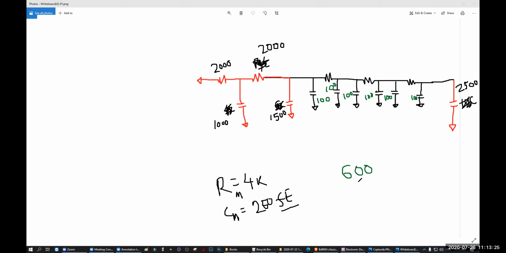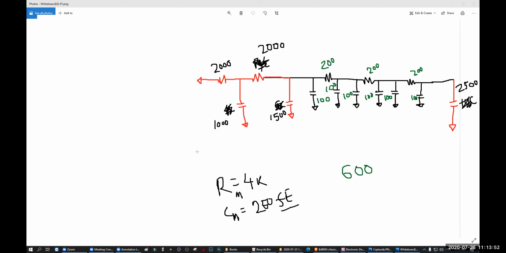How many resistance do you have? 3. What was the total resistance? Not 2000, 600. 600 ohm, remember 600 ohm? Yes. So it will be divided by 3, right? So it will be 200. This will be 200. This will be 200. Okay, everyone? Yes, sir.